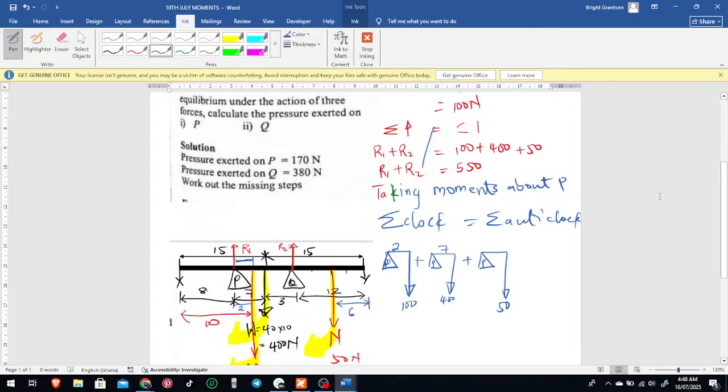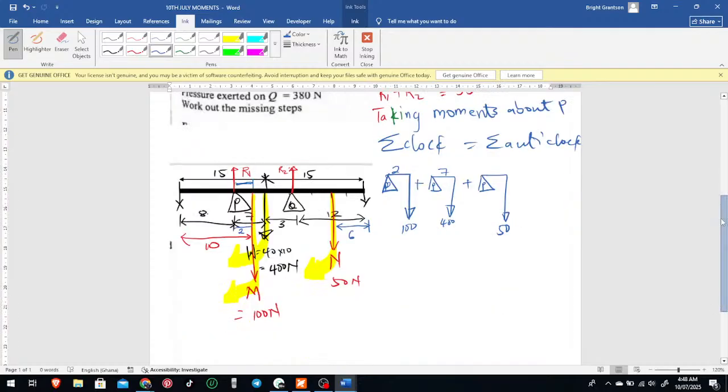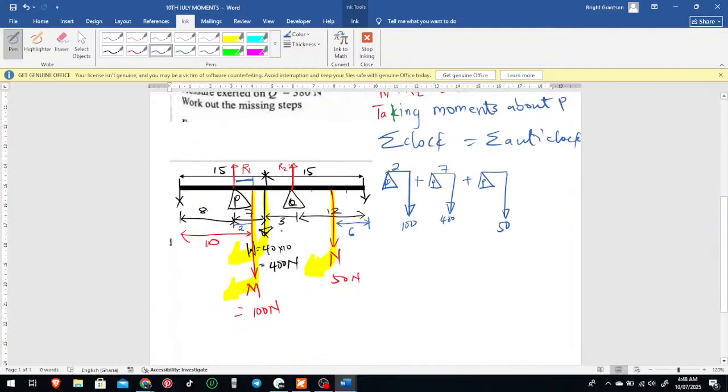So if you subtract 6 from the 15, it means from the midpoint up to here is 9. So now 9 plus this 2 will give you 11. And 9 plus 7, from the midpoint to P, is 16.